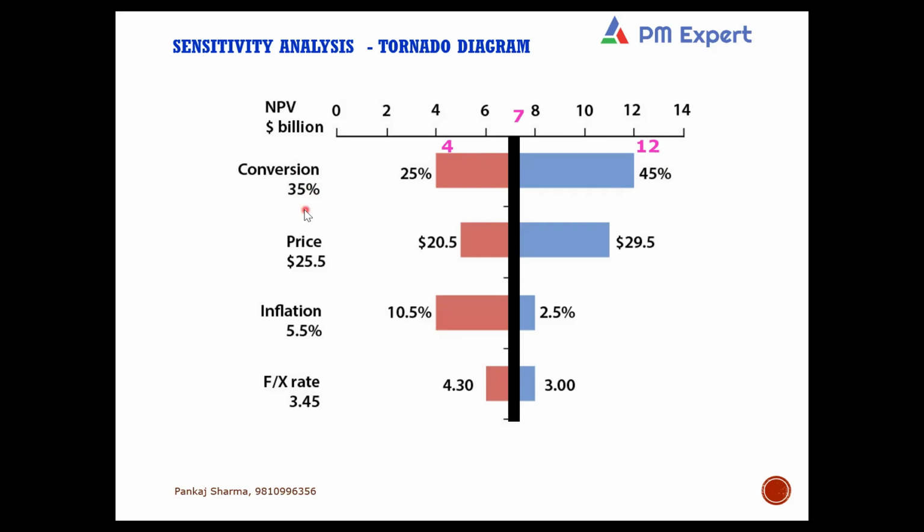Now, second is price. Price varies based on demand and supply, yes? If I keep the price at 25.5, I can hit the target of 7 billion.